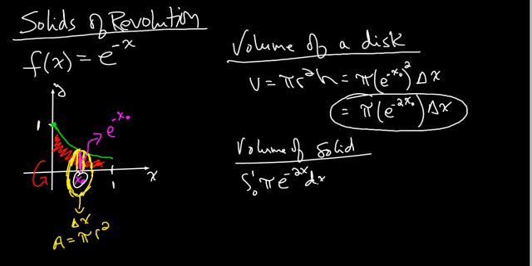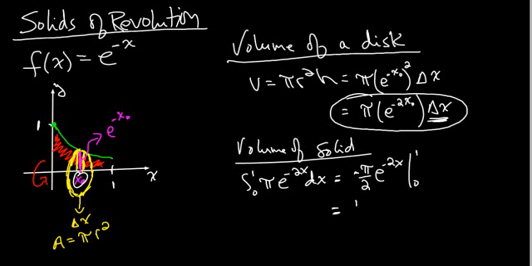And remember, when we take the limit as delta x goes to 0, we now notate it as dx. So this is going to equal negative pi over 2 times e to the negative 2x from 0 to 1, which is going to equal, I'll do the positive one first, so when I put the 0 in, it's going to be minus the minus pi over 2.